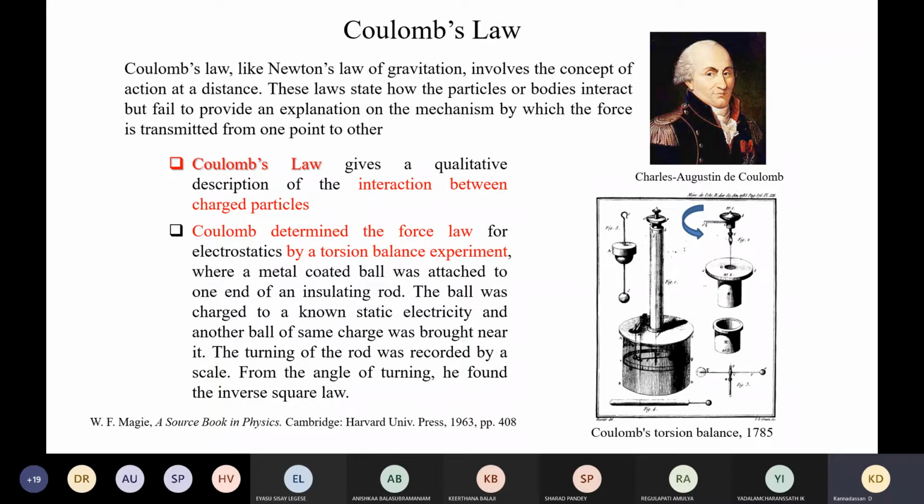But the original, so-called quantitative description of the interaction of two charged bodies was originally given by Coulomb. Actually, he was studying various ideas like friction of two bodies, and in particular friction of two metallic coated bodies.